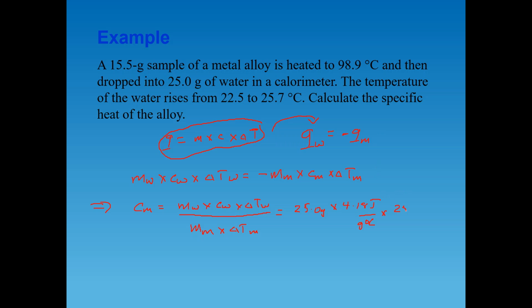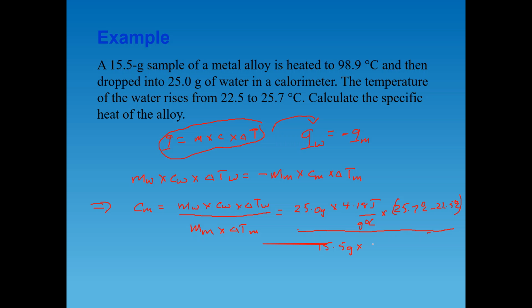So 25.7 degrees Celsius minus 22.5 degrees Celsius. Then below that, we divide by the mass of the metal, which is given as 15.5 grams times the temperature change of the metal.